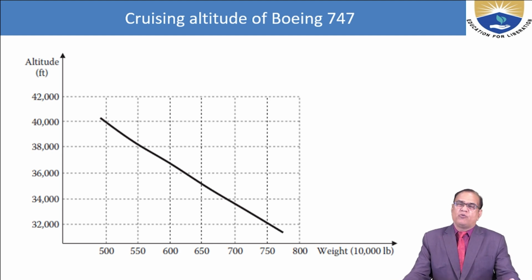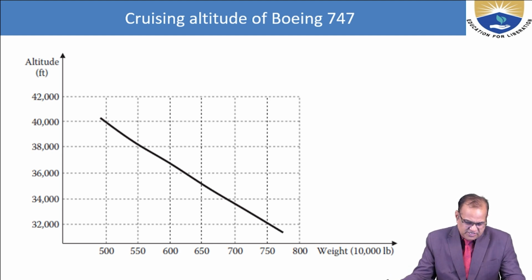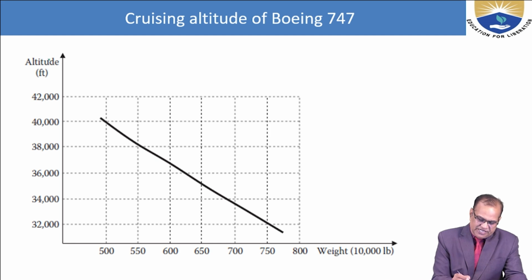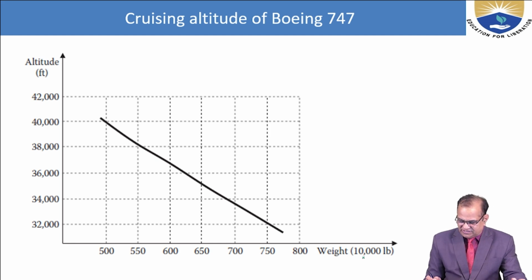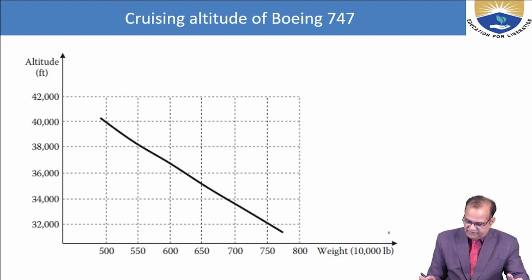Cruising altitude of Boeing 747. So if you see here, here is the altitude and here is the weight of the aircraft. This is the effect of weight on the aircraft. Here are weights of 500, 550, 800, 1000 and this is the altitude.